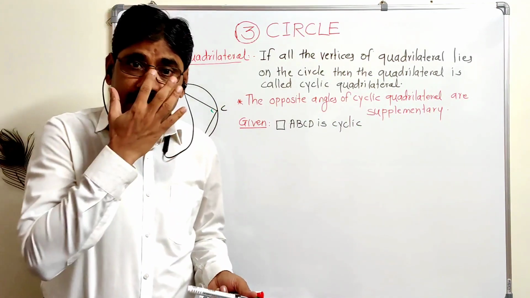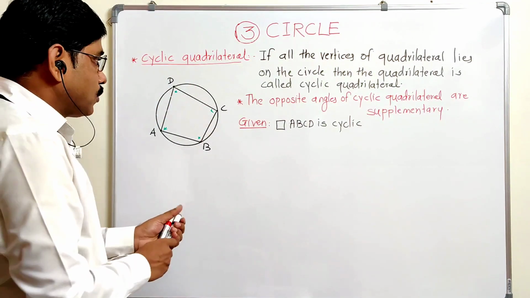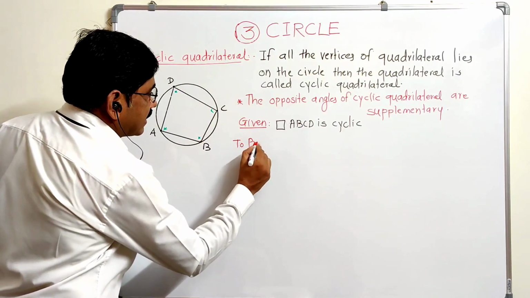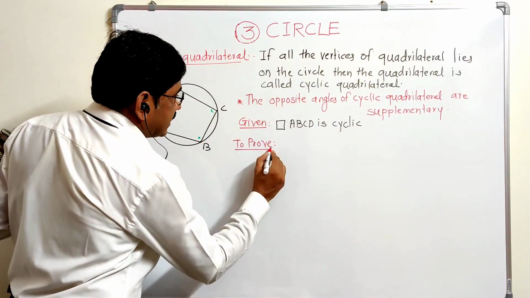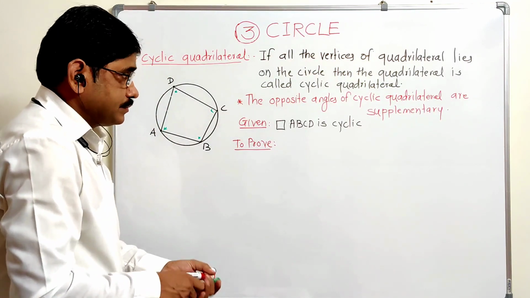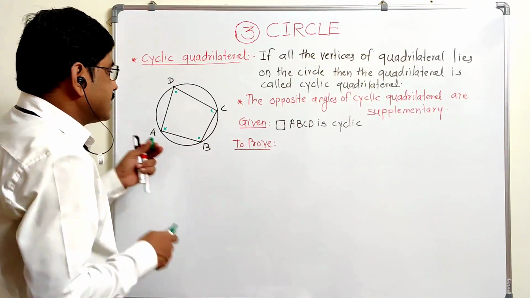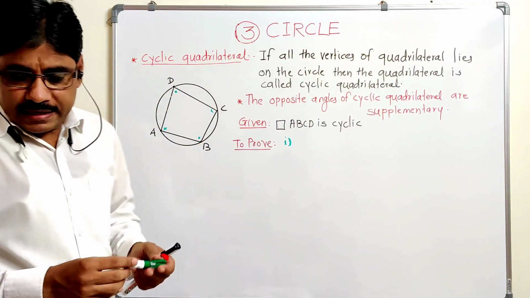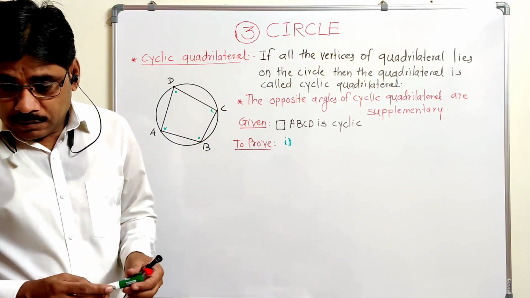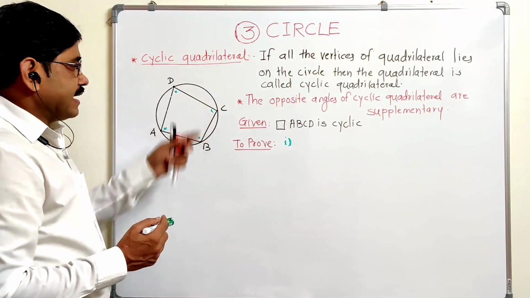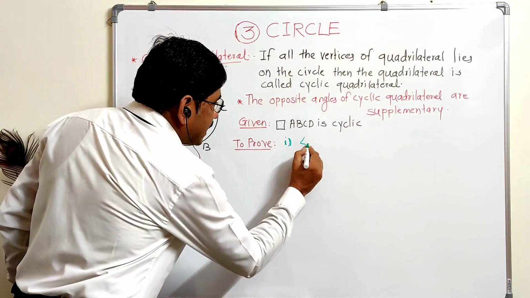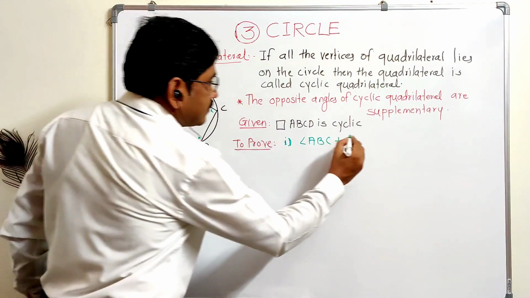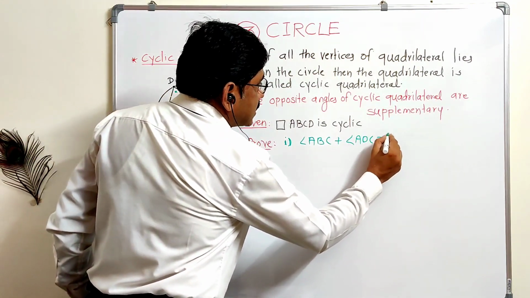In our activity, the first statement is this one. Then to prove, what we have to prove? The vertically opposite angles are supplementary, means their sum is 180. So here the first that we have to prove is the first pair: angle B, meaning angle ABC, plus angle ADC is equal to 180 degrees.